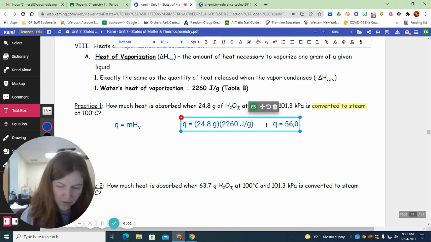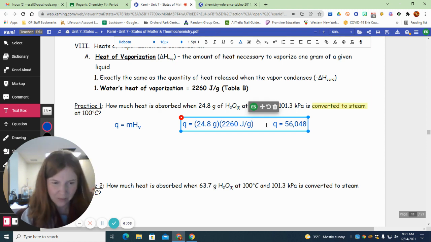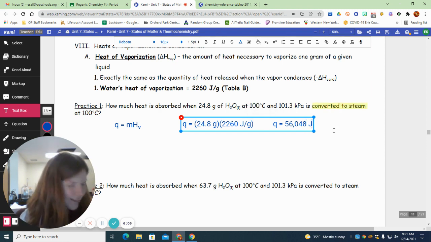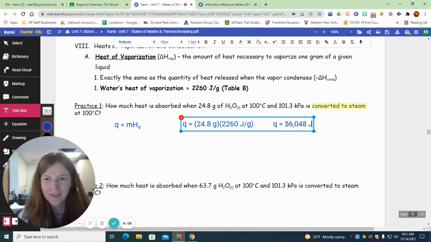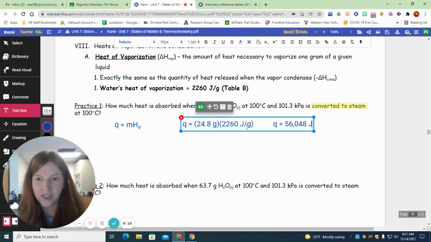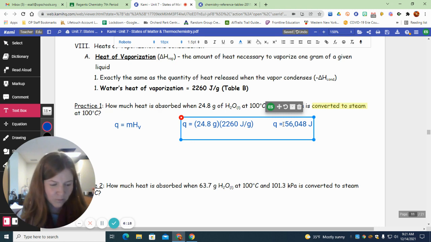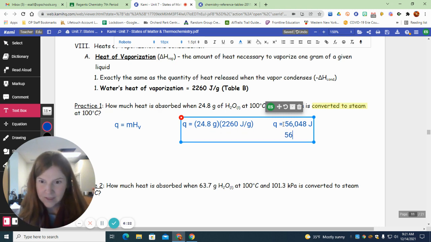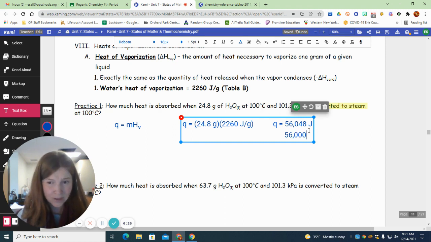56,000. So without rounding, let's just talk about rounding for a minute. I get this as an answer, 56,048 joules. Now, technically, I need to round this so it has three significant figures. But if I try and round this to 56,000, that only has 2.